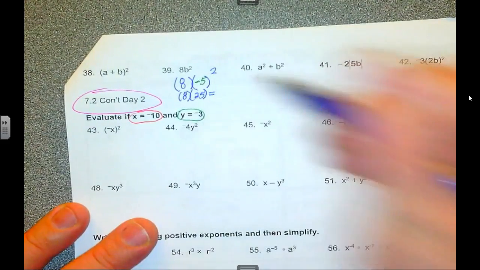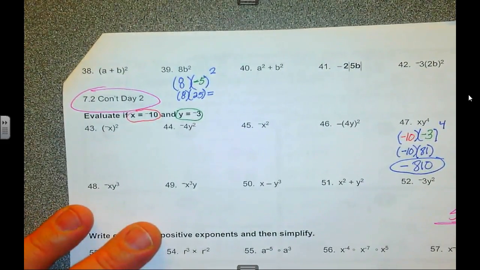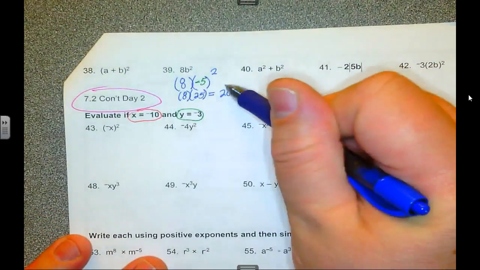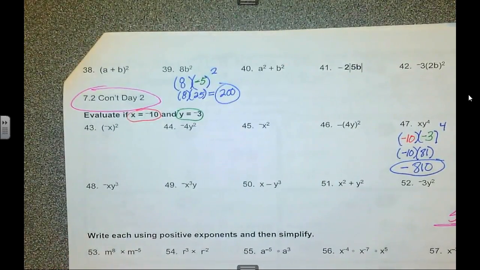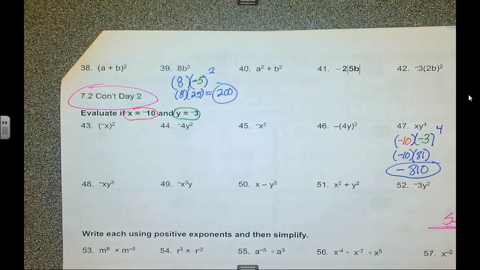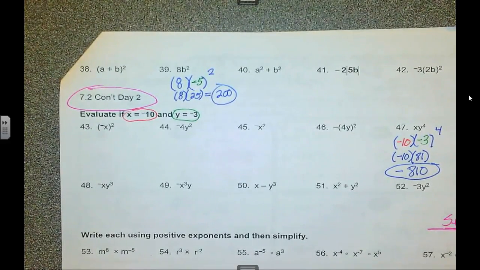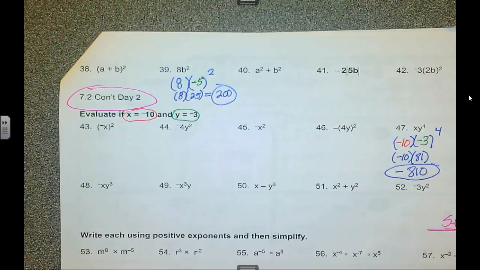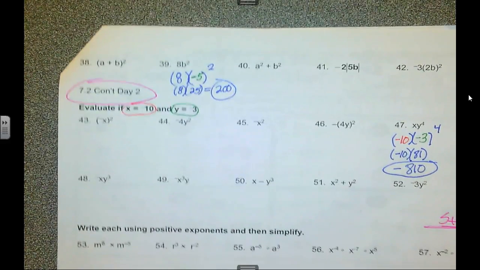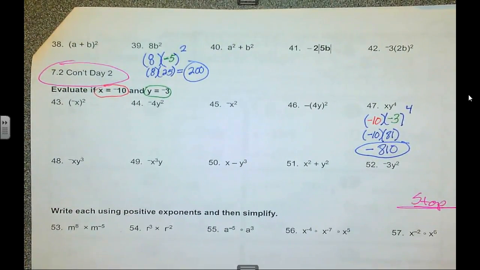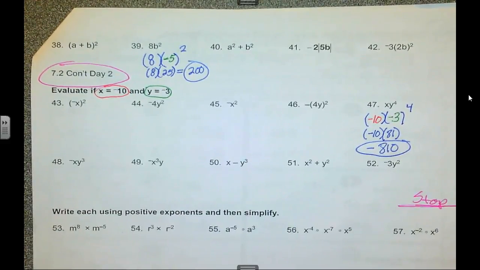Okay, 8 times 25, or if I have 8 quarters, I have $2, right? 200. $200. I think so. All right, let's go on then.